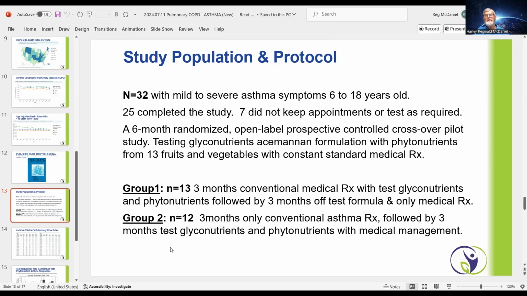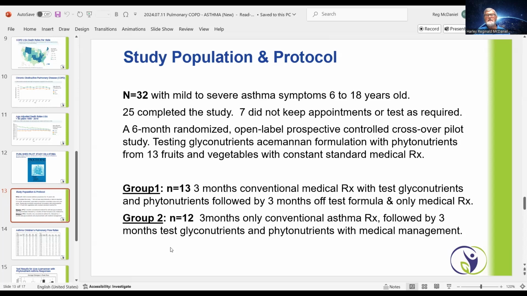from the aloe leaf gel, and added to it were nutrients from plants, which were 13 fruits and vegetables that I think everyone knows that for decades, grandmothers and mothers have said, if you want to be healthy, eat different colors of fruits and vegetables.